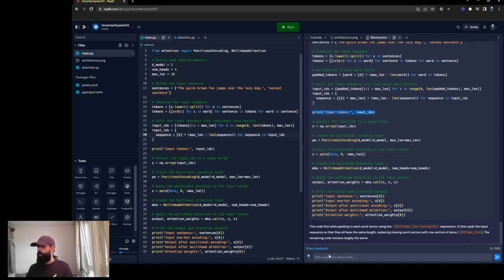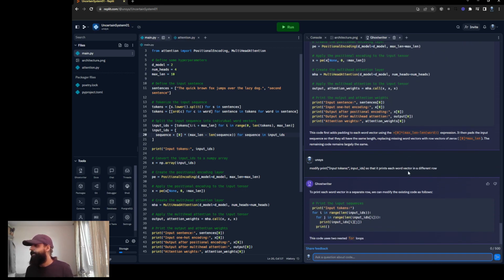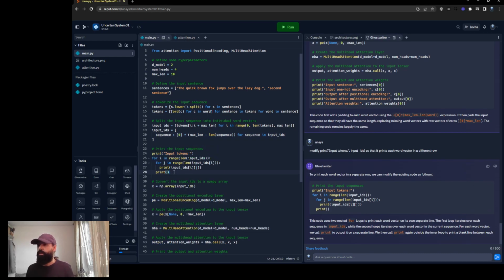And then modify these so that it prints each word vector and the front row, just so we have it nicer, and then we run it.